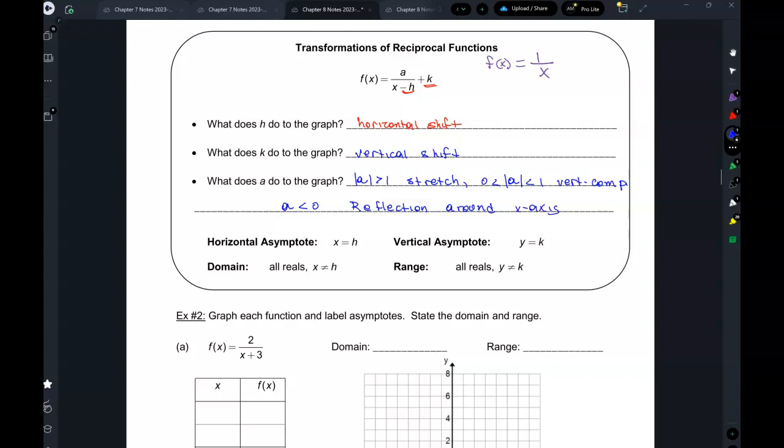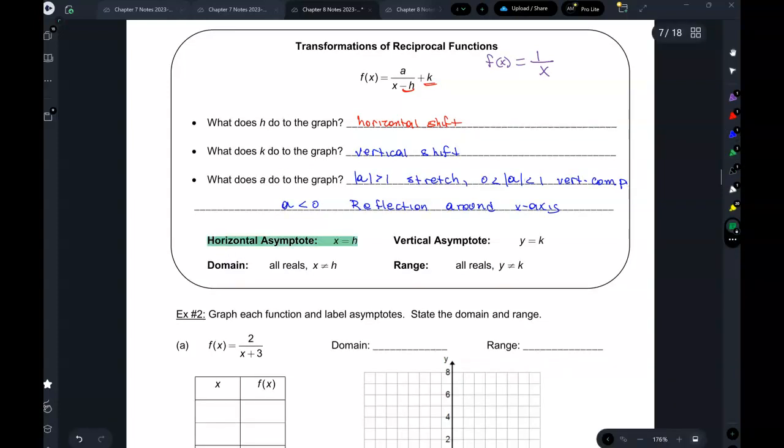Okay, so now, if I take this graph and if I apply a horizontal shift to it, if I move it left and right, the vertical asymptote also moves left and right. And if I move it up and down, the horizontal asymptote also moves up and down, just like it did for our exponential functions. So how do we find the horizontal asymptote?